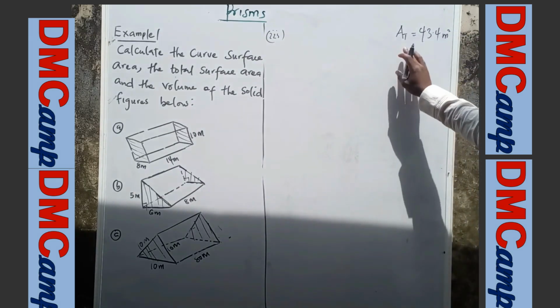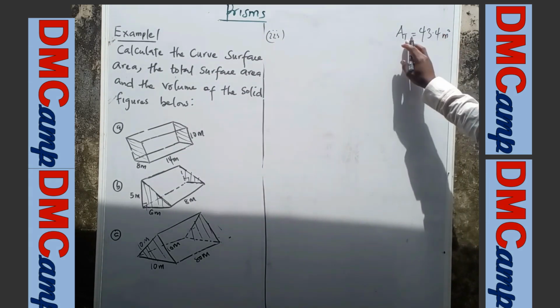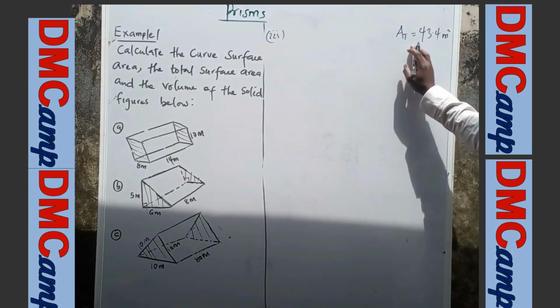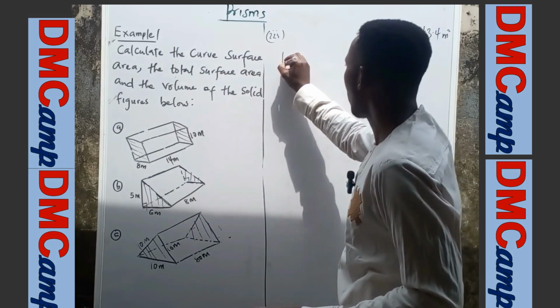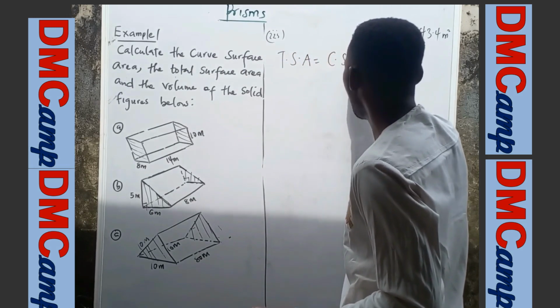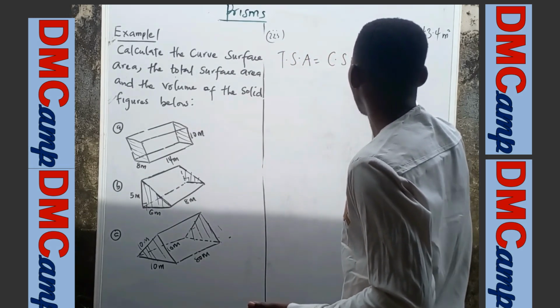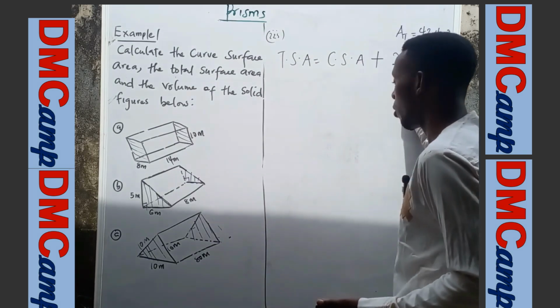Now, the area of the equilateral triangle is 43.4 meter square, and the total surface area simply says cross surface area plus two times the area of the cross section.